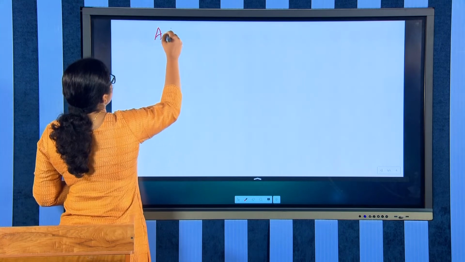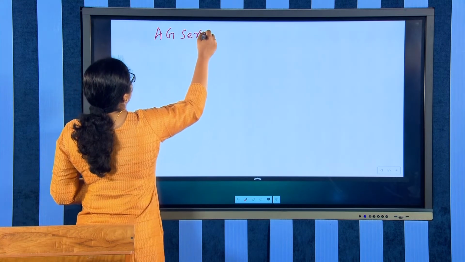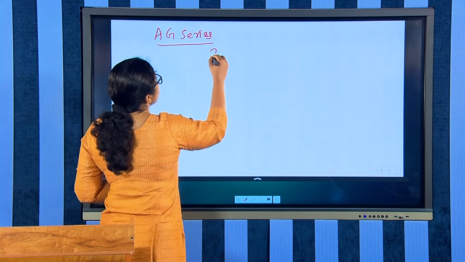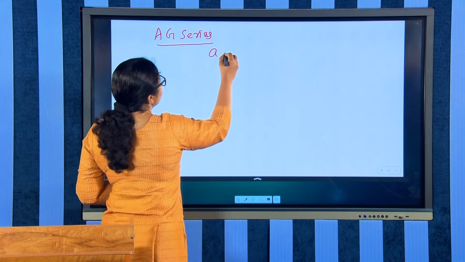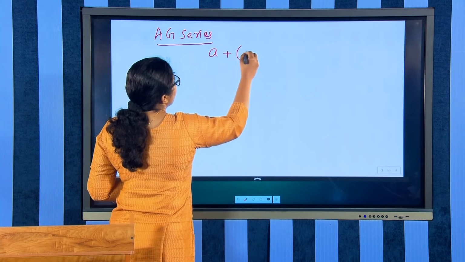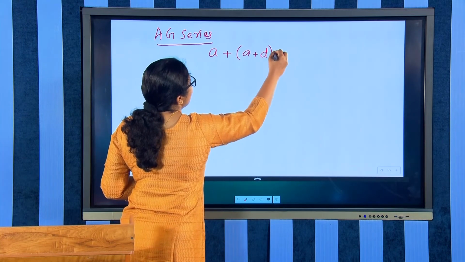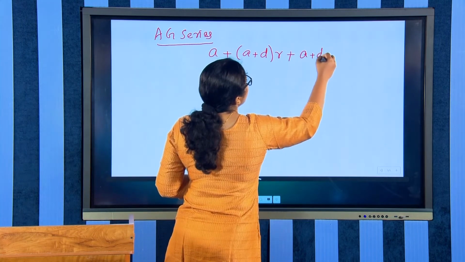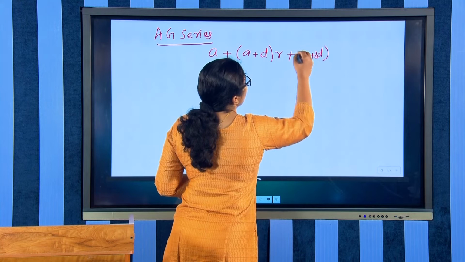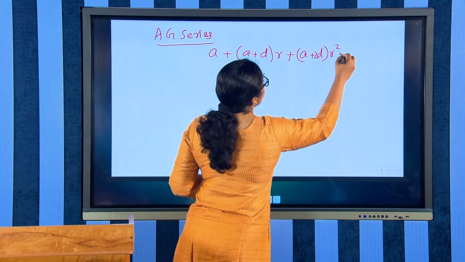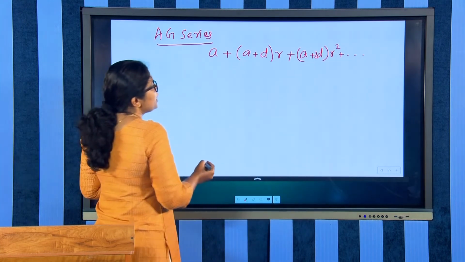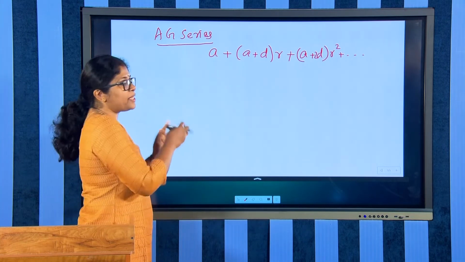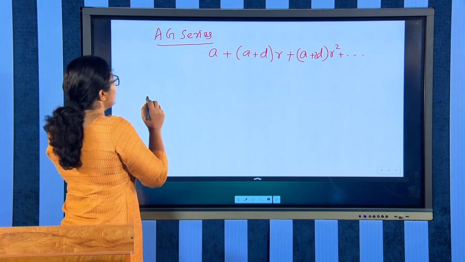So AG series we will write. The series of the form A plus D times R plus (A plus 2D) into R square plus etc. is called the arithmetico-geometric series or arithmetic geometric series.